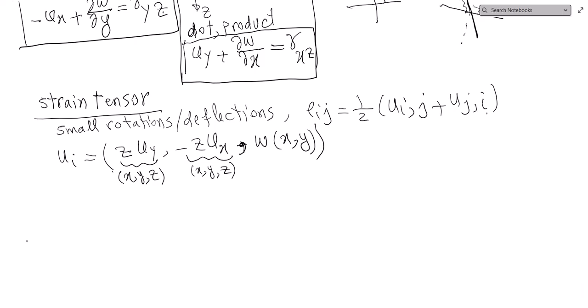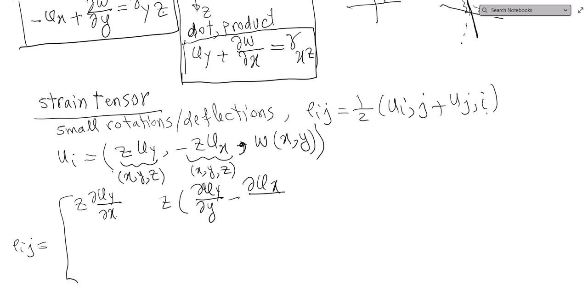But then when you have this, you can write your Eij easily as d phi y dx, z d phi y dy minus d phi x dx divided by 2, and then the third one, phi y plus dw dx divided by 2.